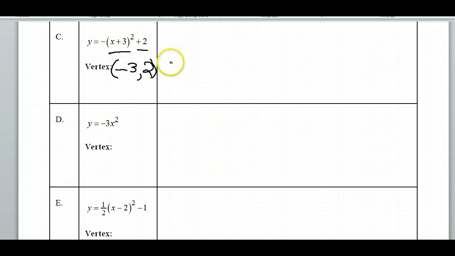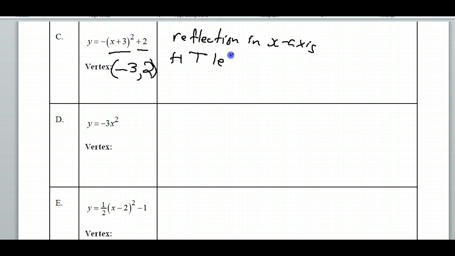There is no stretch. However, with the negative sign, there is a reflection in the x-axis. So reflection in x-axis, followed by a horizontal translation, left 3, and a vertical translation, up 2.